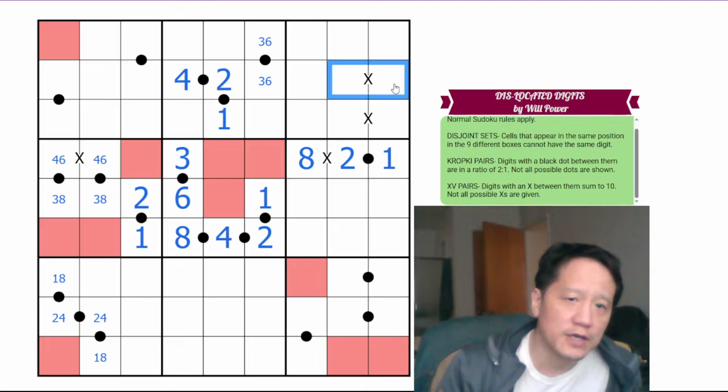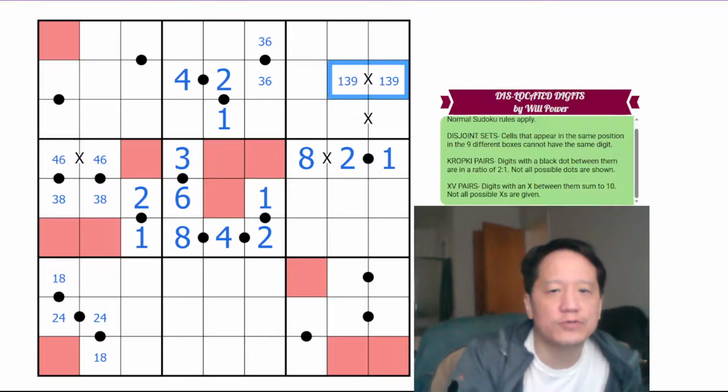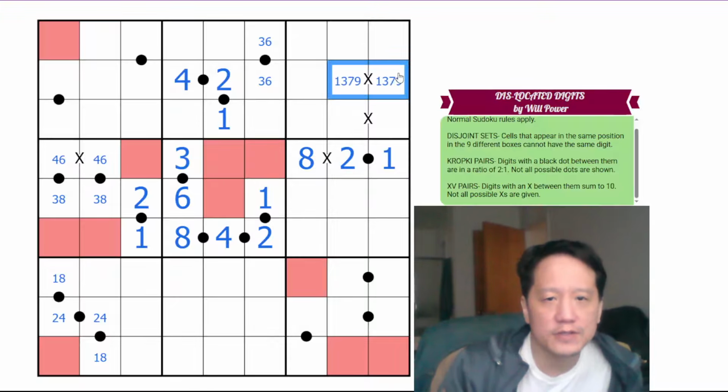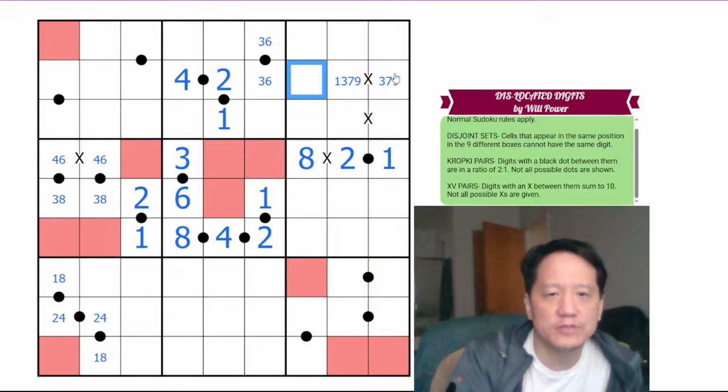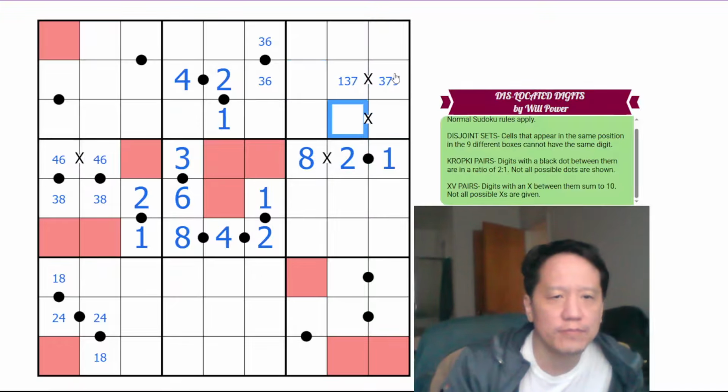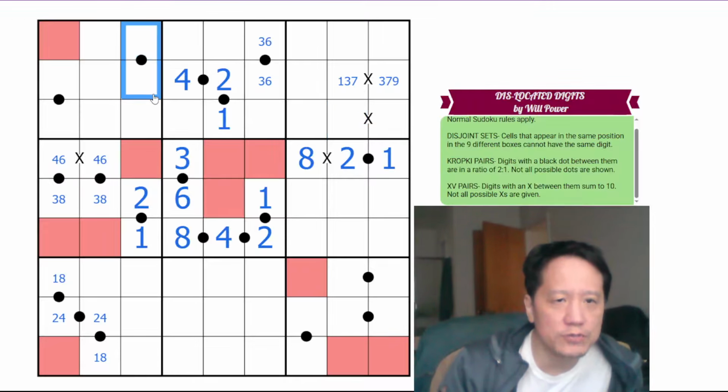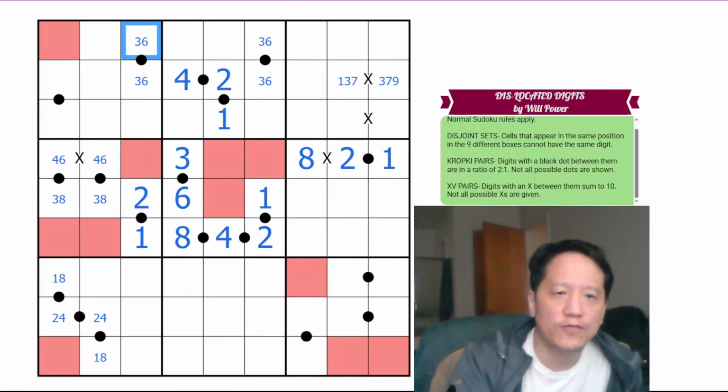These add up to 10, and you can't have a 2 or 4 here, so it must be either 1, 9, or 3, 7. And this can't be 1 because of 1 in the column, so this can't be 9. This can't be 2 and 1 in a 1 to 2 ratio, so this is either 3, 6, or 4 and 8, with this being 4 and that being 8.